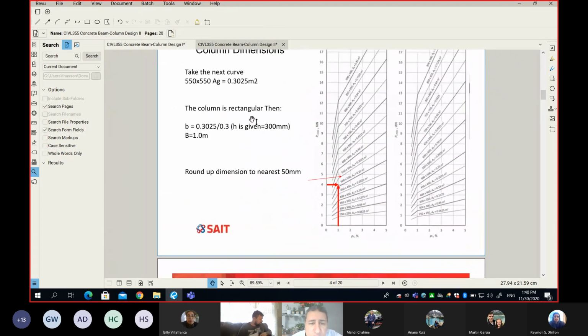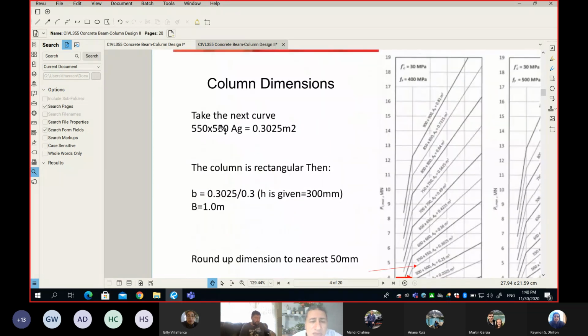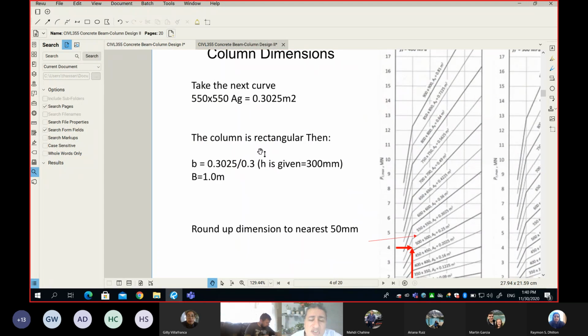Now, if your column is a square, here we go. If your column is a square, then your column is 550 by 550. How about if your column is rectangular, like our case? Very, very simple. The length of your column is simply the area divided by the width given to you. Remember, the width given to you is in millimeter, while here the area is in meter square. And it's very simple, huh?